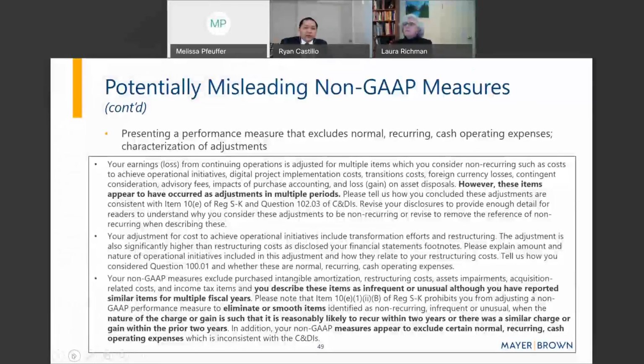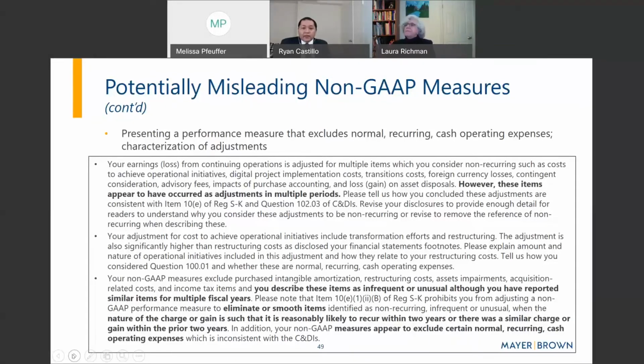Comment letters also focus on the nature and frequency of adjustments made. And if you remember, presenting a performance measure that excludes normal recurring cash operating expenses necessary to operate a business could be misleading. And we have Regulation S-K that prohibits adjustments that eliminate or smooth items labeled as non-recurring, infrequent, or unusual when the nature of the charge is reasonably likely to recur within 2 years, or there was a similar charge within the prior 2 years.